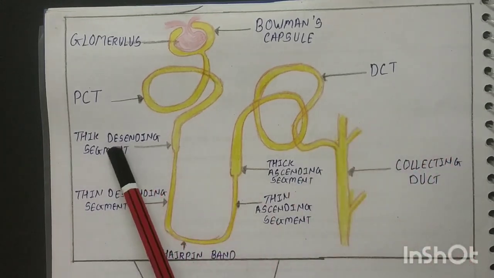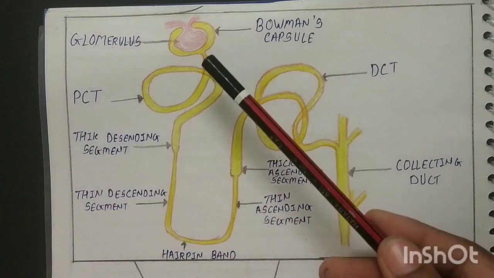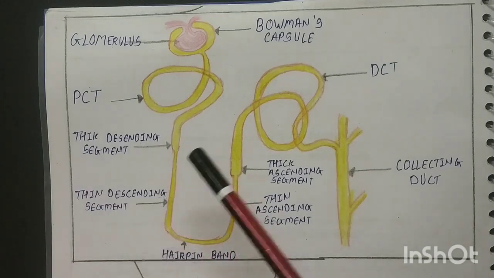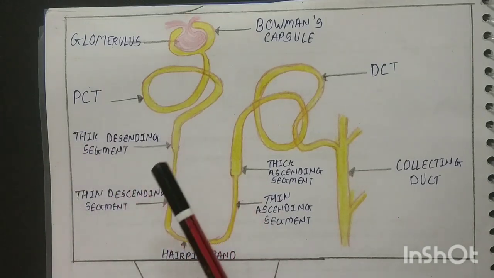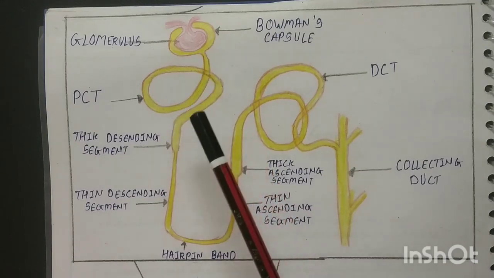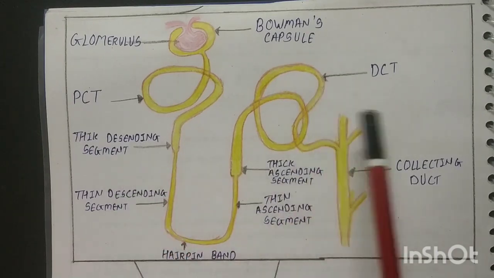So the PCT is the proximal, and this word means close to something. Here the proximal convoluted tubule is close to the Bowman's capsule, then the distal convoluted tubule, and distal means away from something.